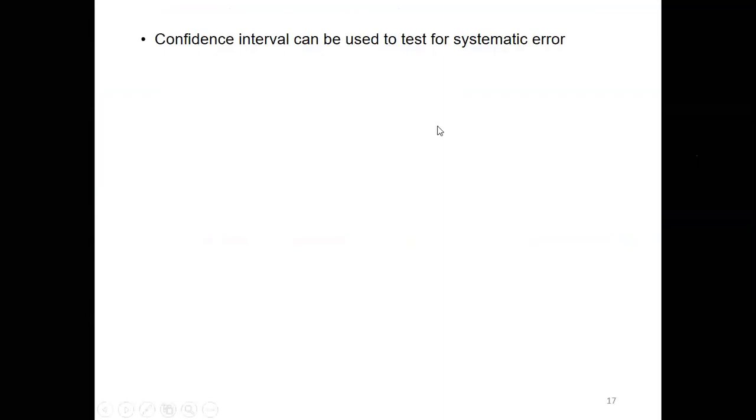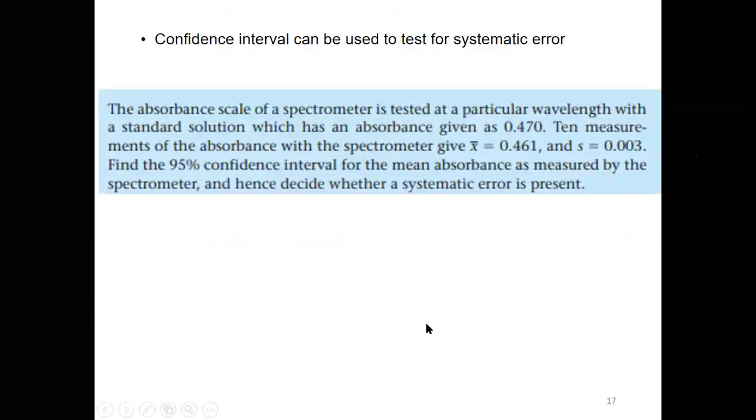I think you can try this question. Let's have a small break, say 2-3 minutes, and we can continue later. While you are waiting, please see whether you can do this question.